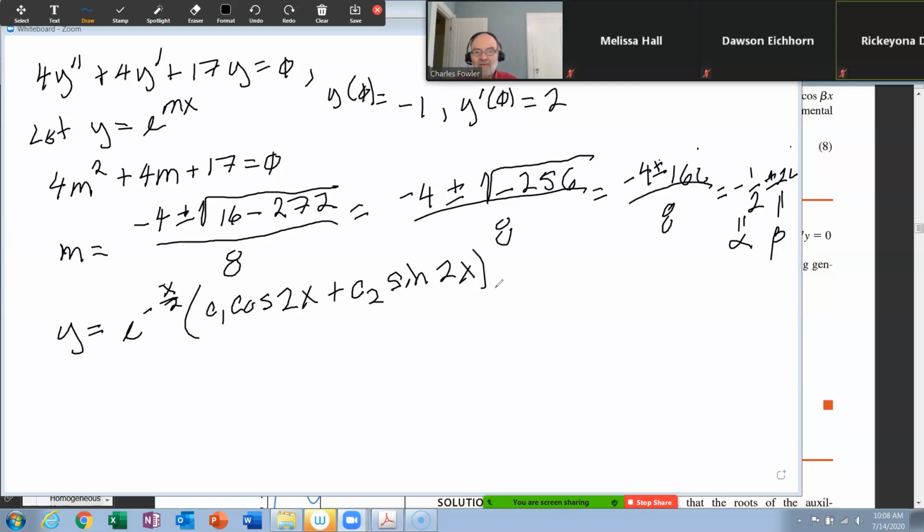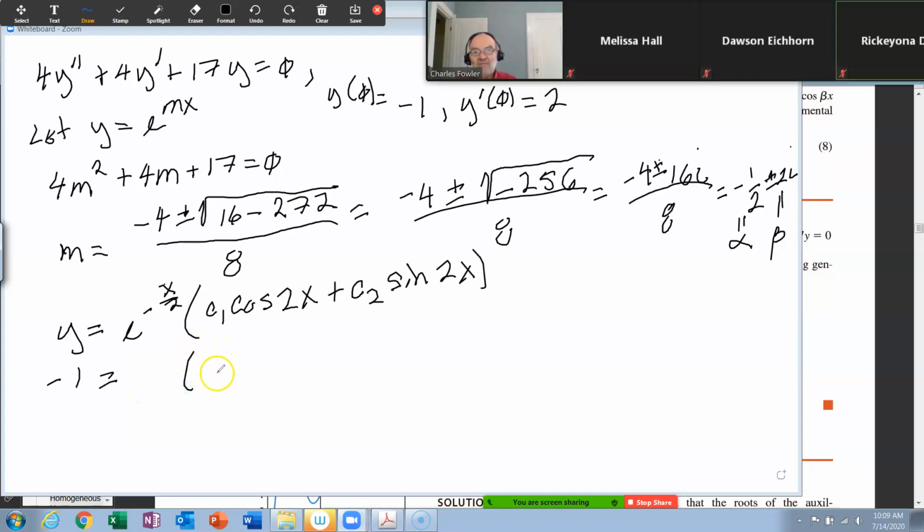That initial condition is when x is equal to 0, y is equal to 1. So, or negative 1. So let's put the minus 1 for y when x equals 0. Well, e to the 0 is 1. So that's easy.